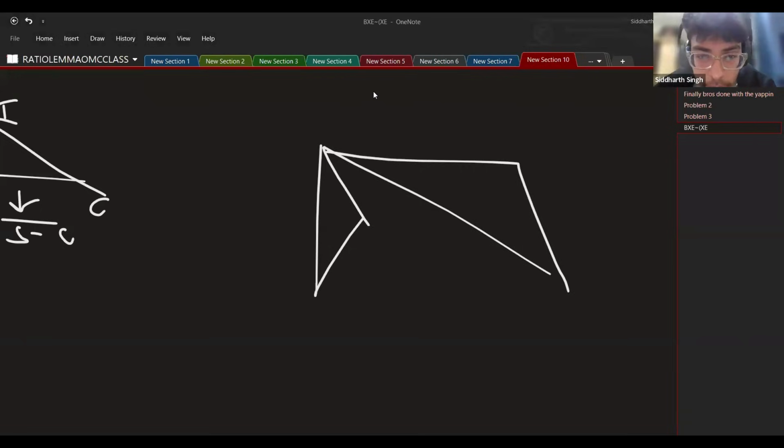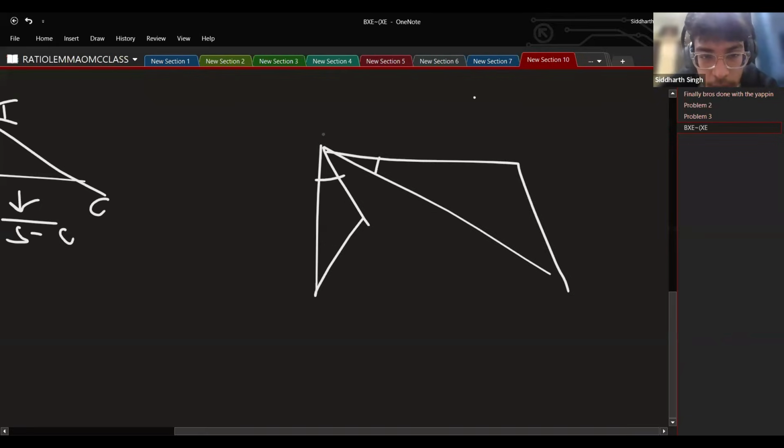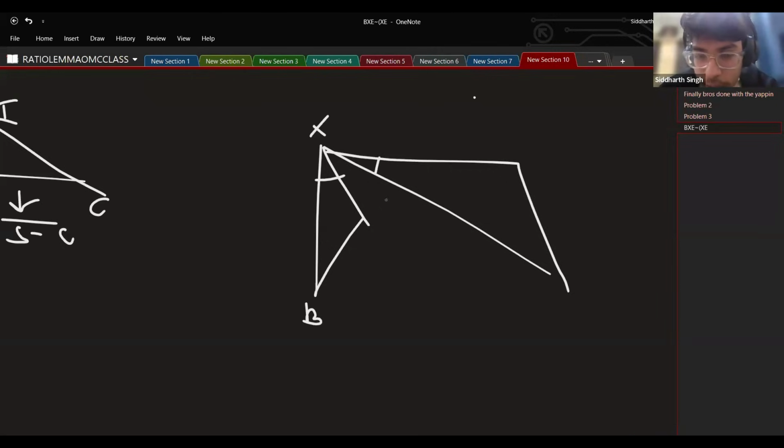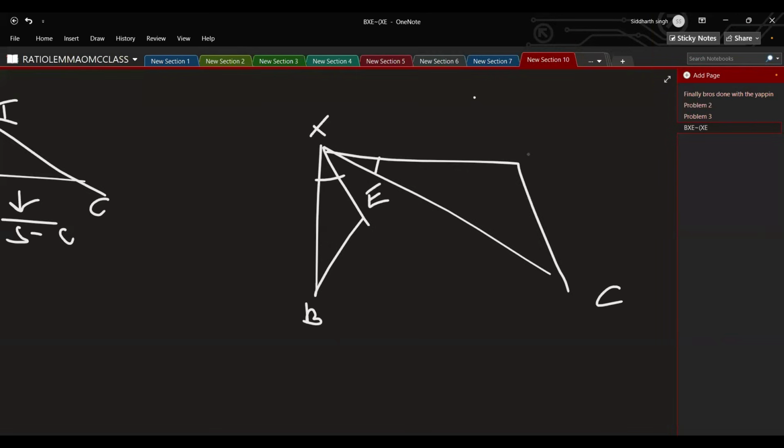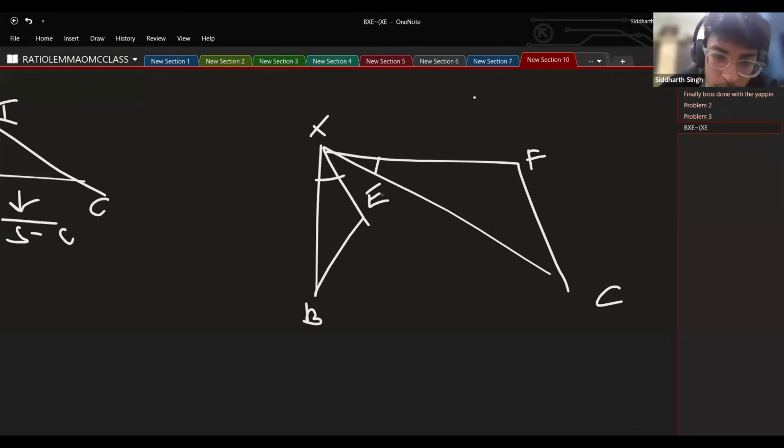Let me see what people are doing. Okay, this angle is equal to this angle, right? Is this clear or not? I can explain again, just say. Yeah, it is clear. Then I've already stated that XE divided by XF is equal to XB divided by XC, right?